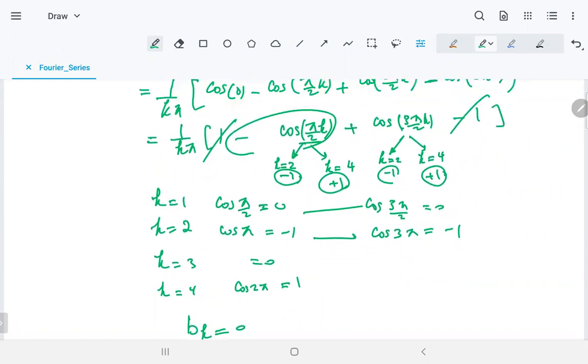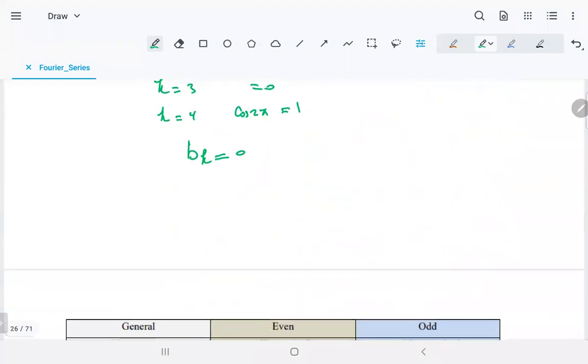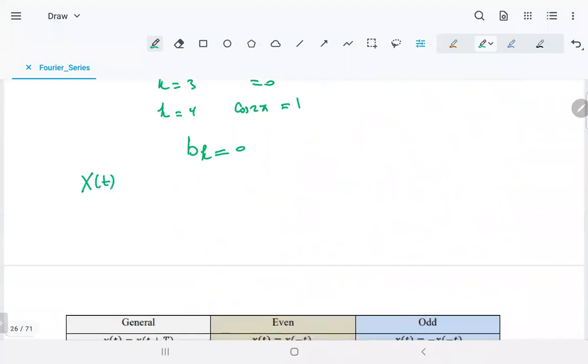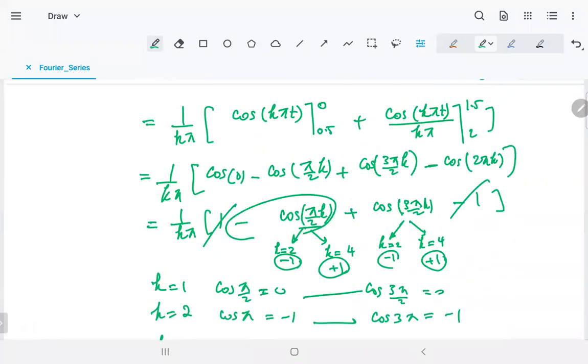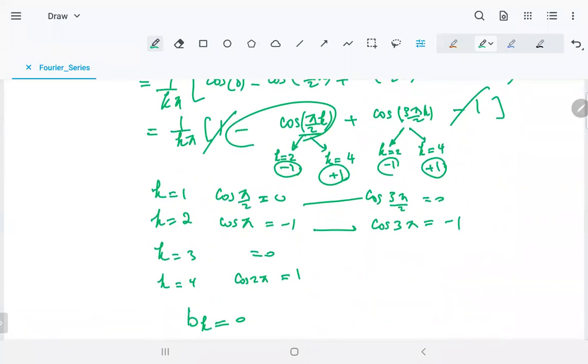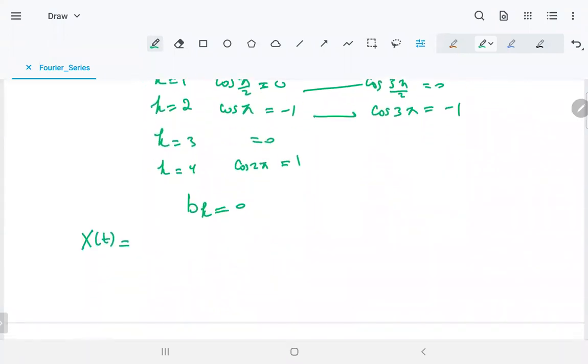The question is now how I use all the coefficients. Now I'll write x of t equal a naught. We found a naught equal to what? I have it on the paper. One half, that's right.